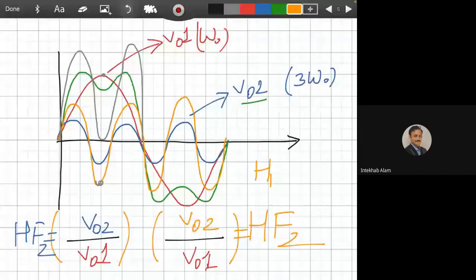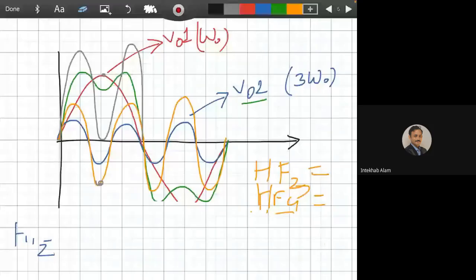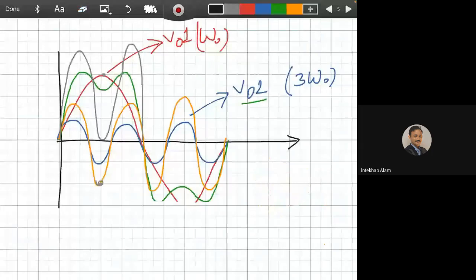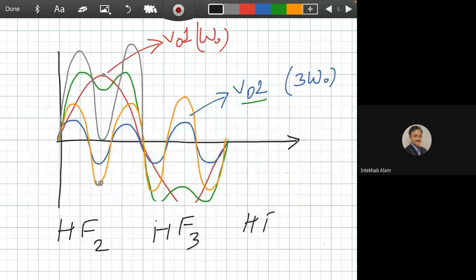Harmonic factor for 2, for 3, for 4, for 5, and so on, they are all separate, not interconnected.